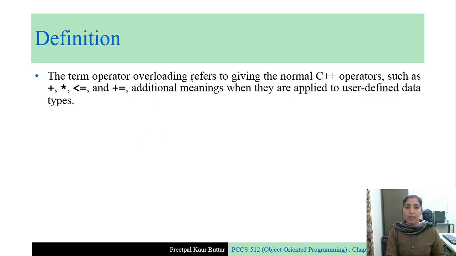The term operator overloading refers to giving the normal C++ operators such as plus, multiply, less than equal to, plus equal to additional meanings when they are applied on the user defined data types. As I already said, we say that an operator is overloaded when it operates on user defined data types, right?